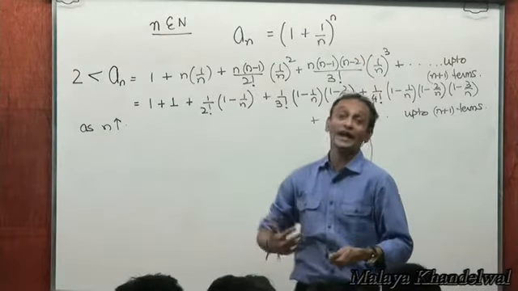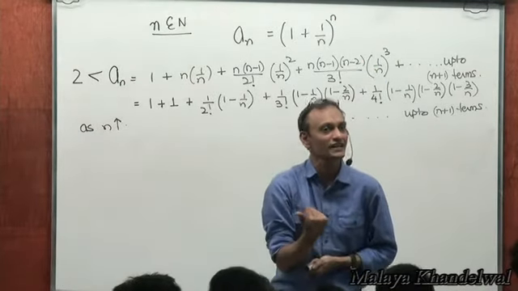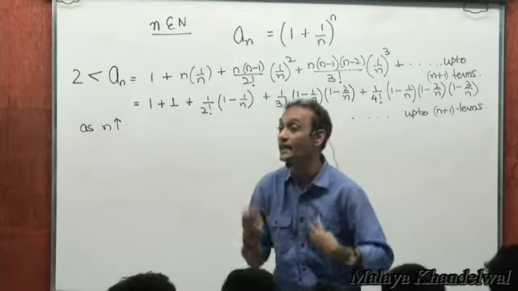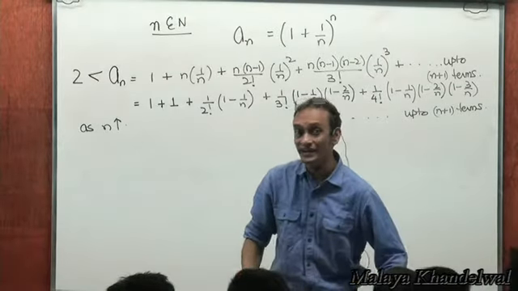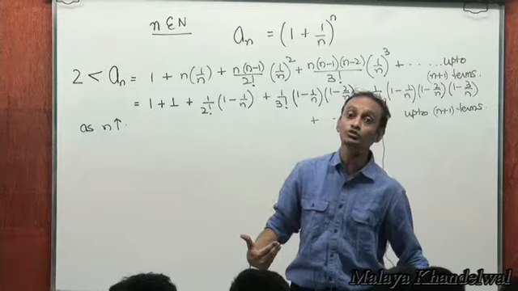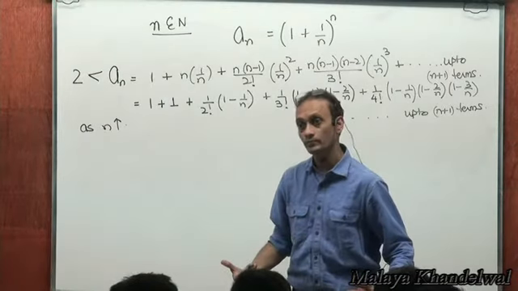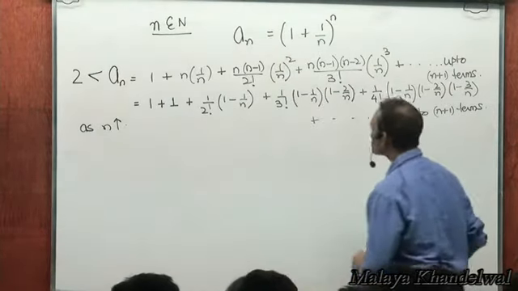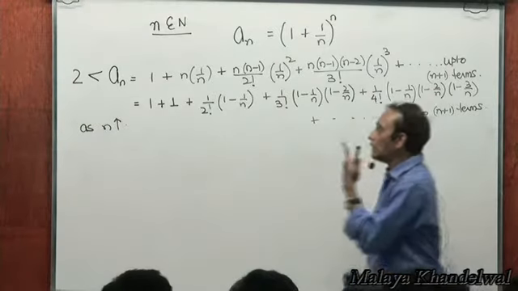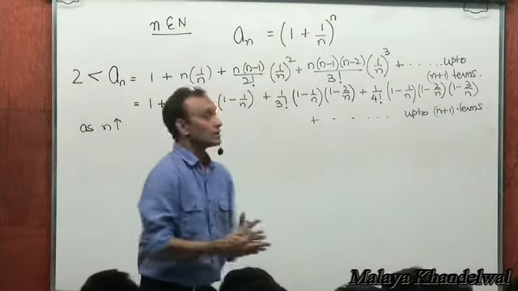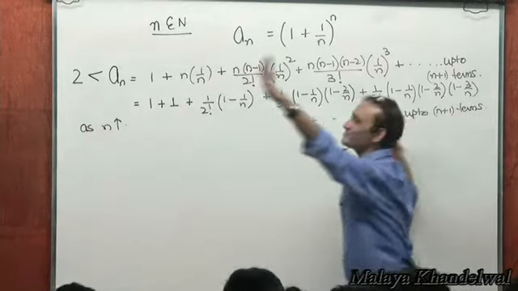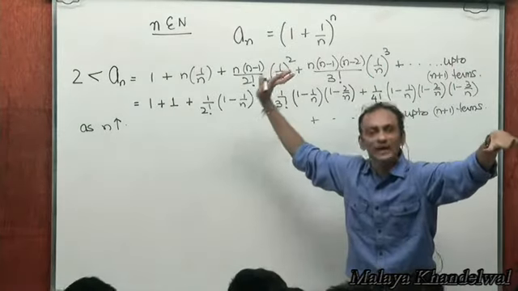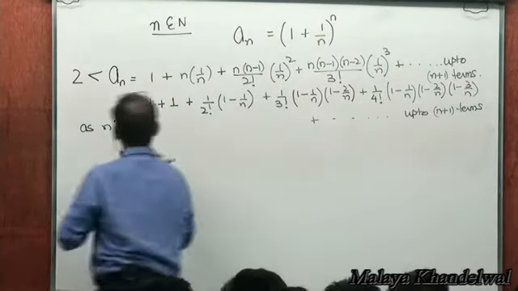So I need to see whether there is a net increase or a decrease in an as n increases, and I need to judge that. You know what my intention is? Okay. Now, as n increases, the number of terms will increase. Yes or no?